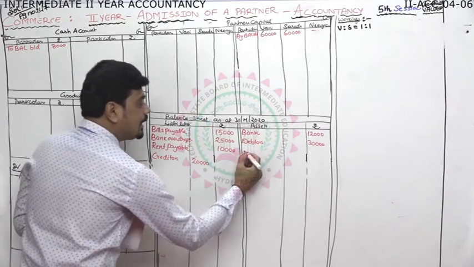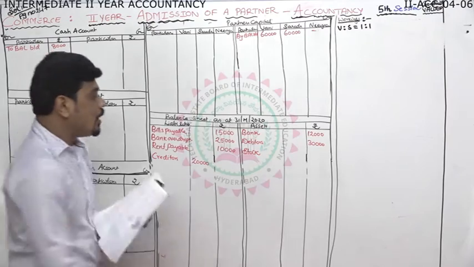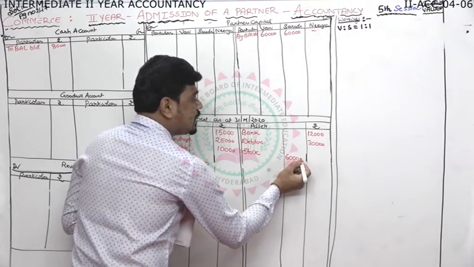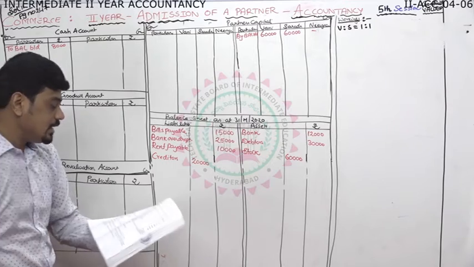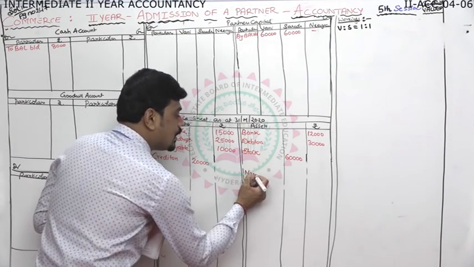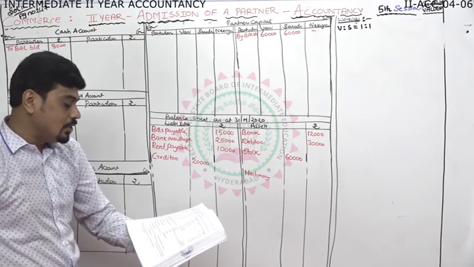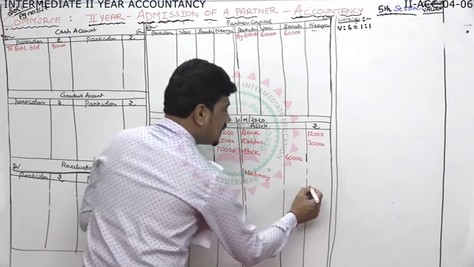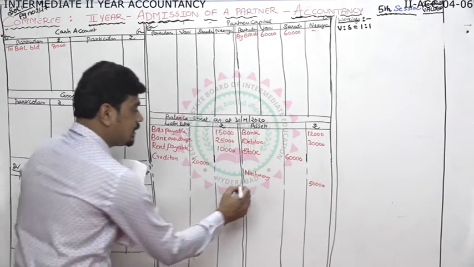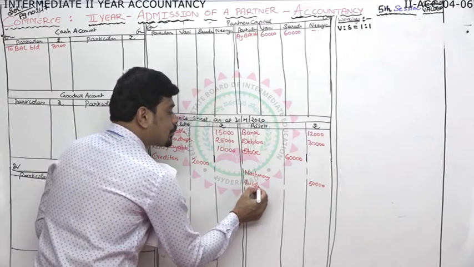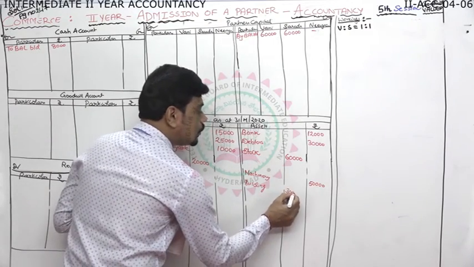Then stock. It has an adjustment, so stock amounts to 60,000. I wrote it in the inner column. Then machinery, leaving some gap. No adjustment on machinery also, so I'll post 50,000. Then building. Building has a value of 30,000.